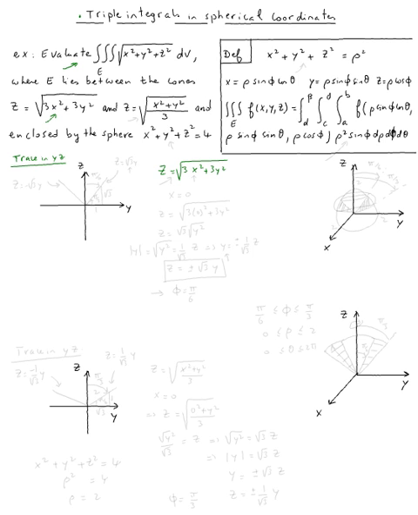So how do we find the trace? We just let x equal 0, plug in a 0 there, so that would be z equal square root of 3 times 0 squared plus 3y squared. This means z equal square root of 3y squared, so y squared is equal 1 over 3 z squared.